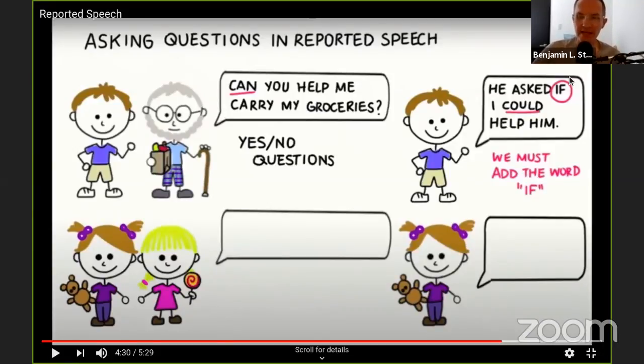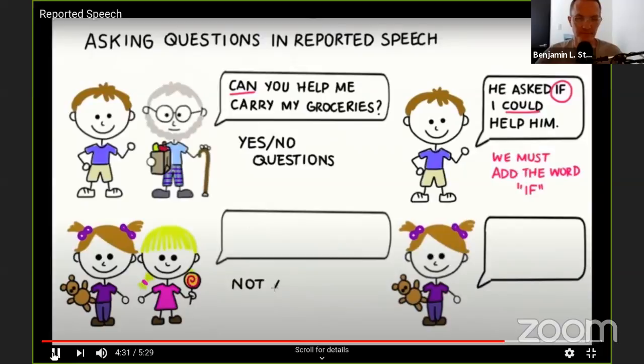So we must add if for changing this to an indirect question. And notice we're changing the modal can to could. This is also another use for the modal could. We're actually using this to show reported speech from the modal can.